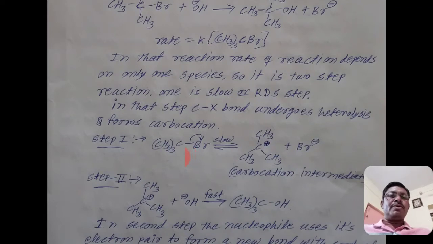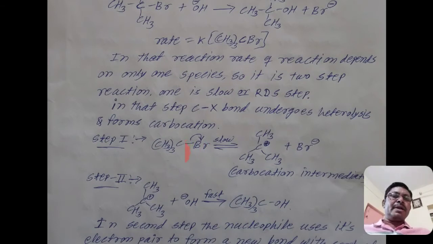Homo means equally, and hetero means unequal breaking of the bond. In that bond there are two electrons, one from the carbon atom and one from the bromine atom. If it breaks homolytically, the carbon atom gets one electron and the bromine atom gets one electron. That is equal breaking.